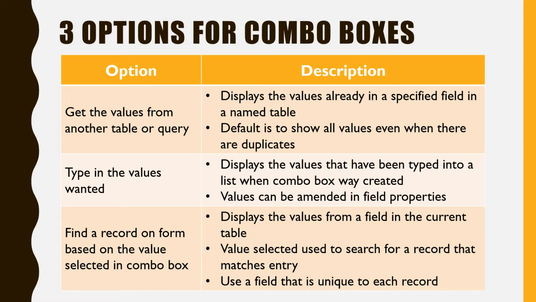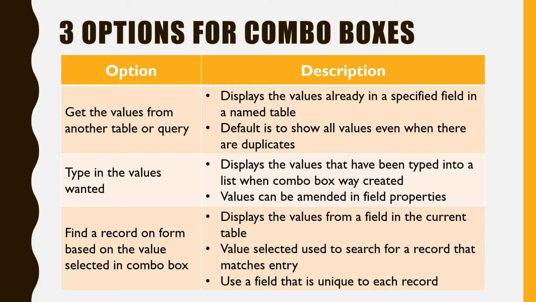When using the wizard, there are three options to choose from. Firstly, if you want the combo box to get the values from another table or query. In this case, the combo box will display the values already in a specified field in a named table.